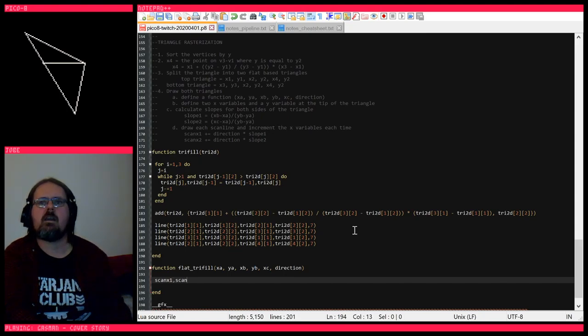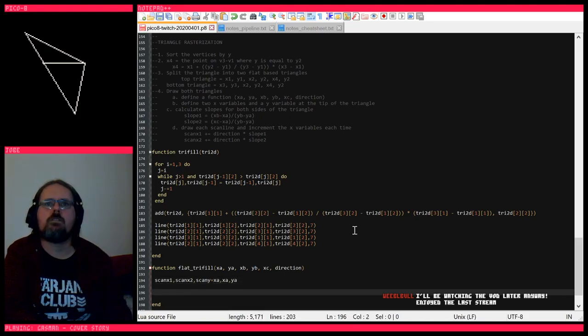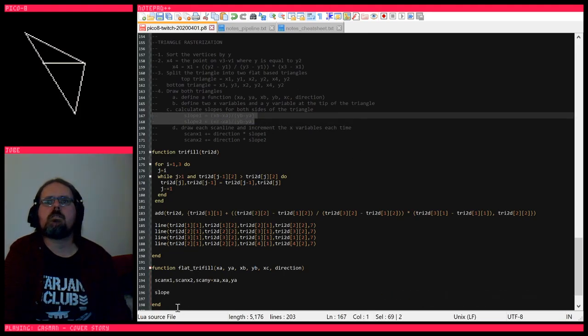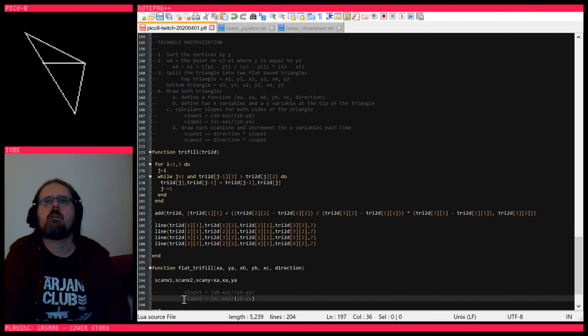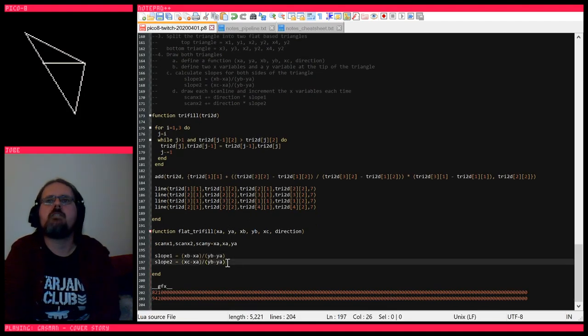So scan x1, scan x2, and scan y, they're going to be xa and xa and ya. Now we can calculate the slope of the two sides. We're just gonna copy this here because we've already spent a lot of time. That's how we calculate the slope of the other sides.